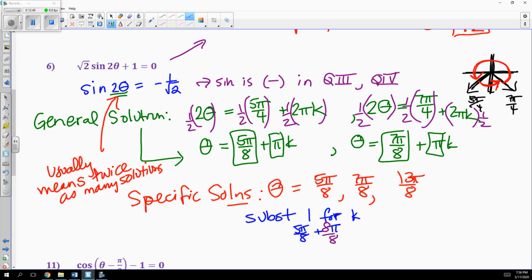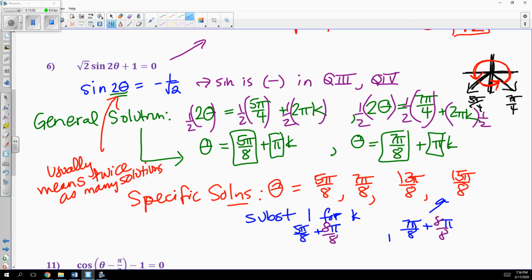And if you did the same thing for 7 pi over 8 plus 8 pi over 8, you would get 15 pi over 8. And how do you know that all of these are still less than 2 pi?